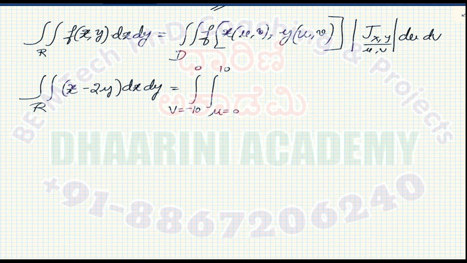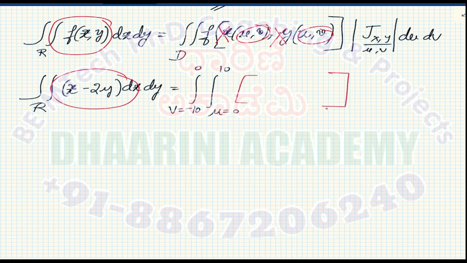I'm writing the same function. That means this function itself will come over here. But x is not going to be present, you will have u, v. Y is not going to be present, you have u, v. So I should write the x minus 2y itself over here. But you cannot write x, you have to write in terms of u and v. That's why, if you see the previous steps, we actually have represented x equal to and y equal to.